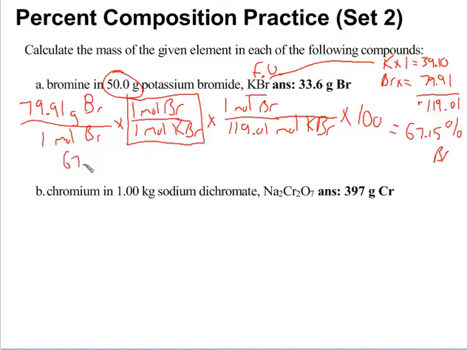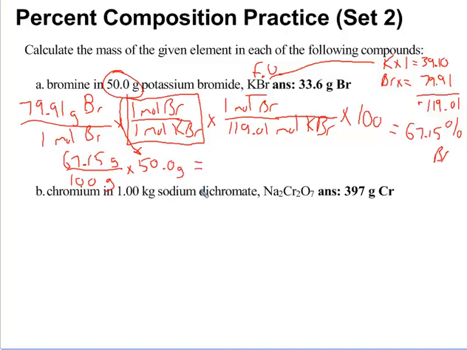So if we assume that 67.15% is the same thing as 67.15 grams going into 100 grams, because that gives us 0.6715. And then we multiply it by our sample size, which in this problem is 50.0 grams.